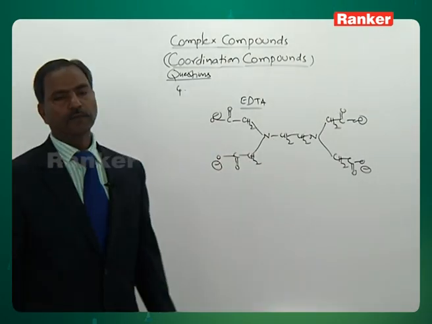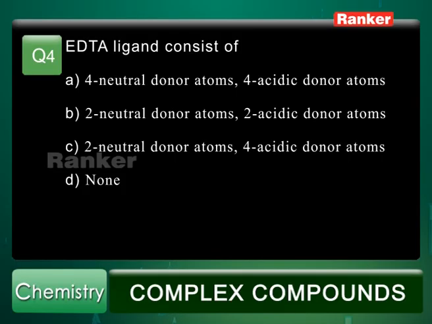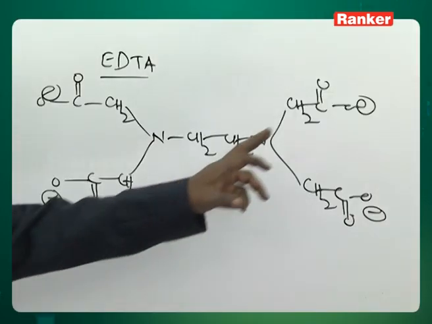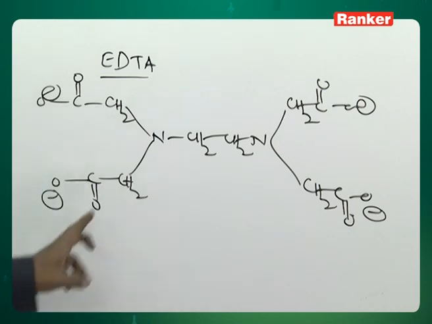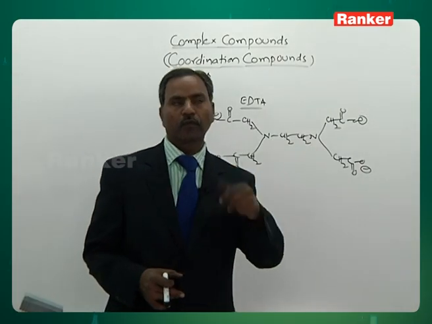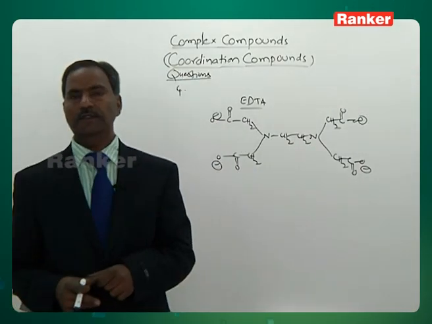Ethylenediaminetetraacetato. Option A is 4 neutral donor atoms, 4 acidic donor atoms. Actually, it has 6 donor atoms. In that, 4 neutral and 4 acidic would be 8 donor atoms, so that is not correct. Coming to B, 2 neutral donor atoms and 2 acidic donor atoms. Actually, there are 4 acidic and 2 neutral, so option B is also not correct.